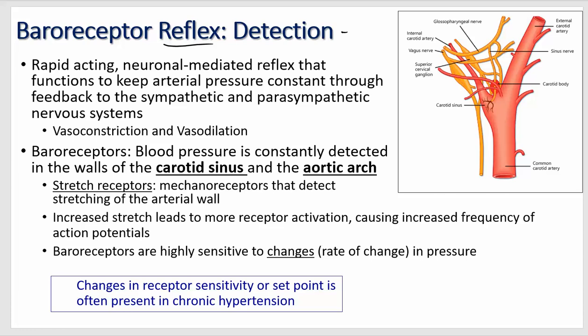So we're starting here with detection, where we do the measurement. It's a rapid acting, neuronal mediated reflex that functions to keep arterial pressure constant through feedback to the sympathetic and parasympathetic nervous system.